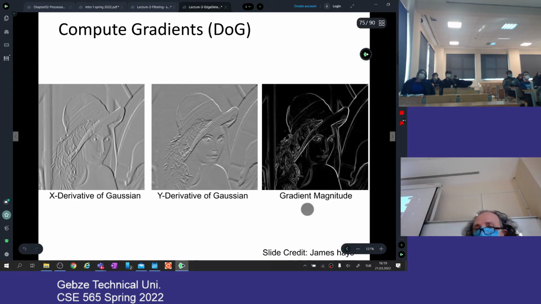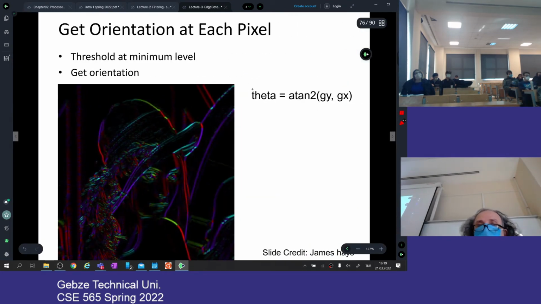This is the gradient magnitude. Remember, it's x squared plus y squared, square root. And then this is the orientation image. That is the arctangent, tangent minus 1, of Sy over Sx.